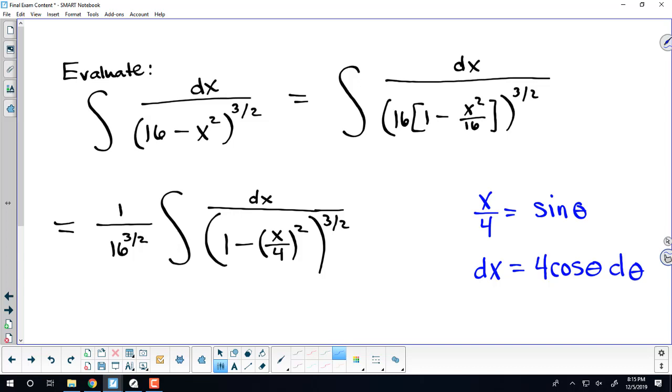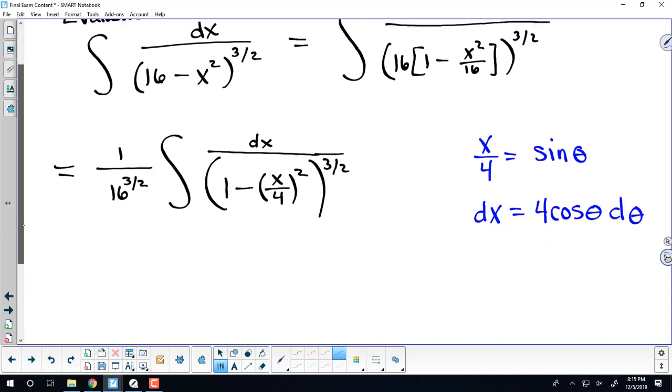And one of the, I guess, most obvious benefits of trig substitution is being able to take care of a square root of a sum or difference of squares. And that's kind of what we have. Even though it's to the 3rd power, it's kind of irrelevant. We're still taking the square root of a difference of squares.